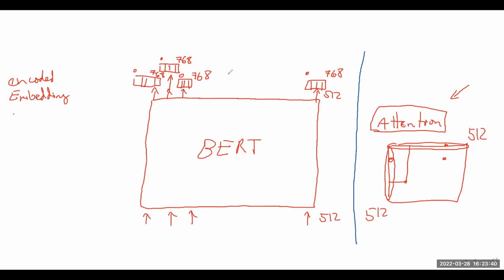So if you think about this in terms of a tensor, this would be batch size, which is the number of samples that you give it all at once, which are treated independently, and tokens, which is 512 in our case, and 768.